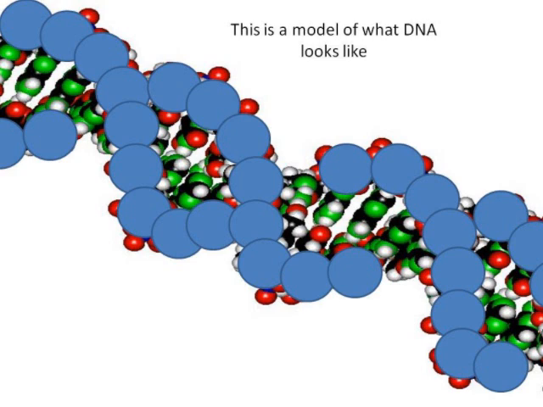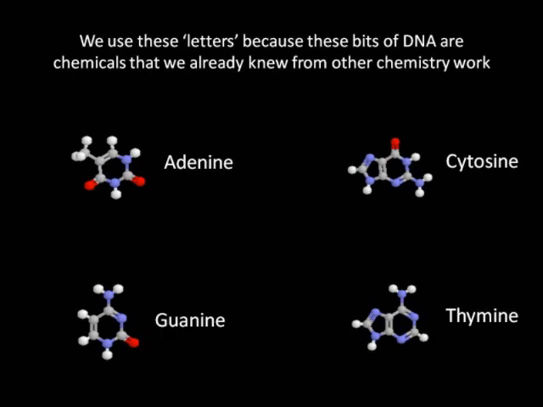So let's have a look at those coding parts of the molecule separately. Now, I apologise for the colour scheme here. We've gone from green and black atoms to blue and grey atoms, but here we are. These are the bases, they're called bases, that sit in that ladder and are the DNA sequence. They are molecules that chemists already knew the names of.